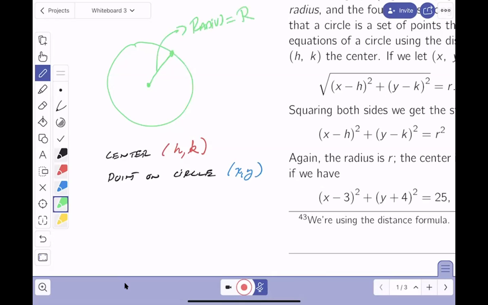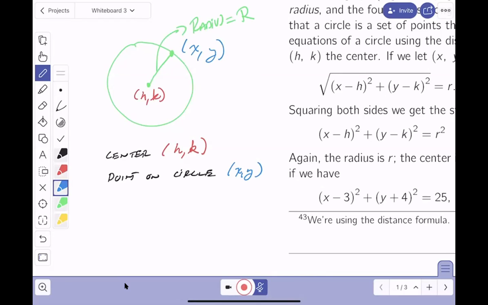All right, so let's write these points down again for you. This point over here is H, comma, K. And this point over here is X, comma, Y. No matter what point I pick on the circle, it's always going to be the same distance R from the center. So I've got my distance formula, something we've done in the past. Let's write that down.